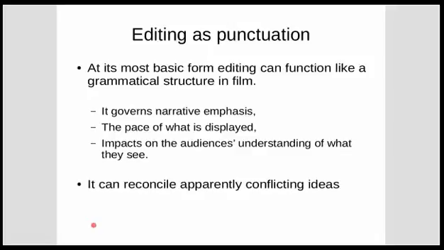It's like a breath in a sentence. And that, say, a cross dissolve could be like a period or a full stop. And a fade to black and fade up from black is like the end of a paragraph.